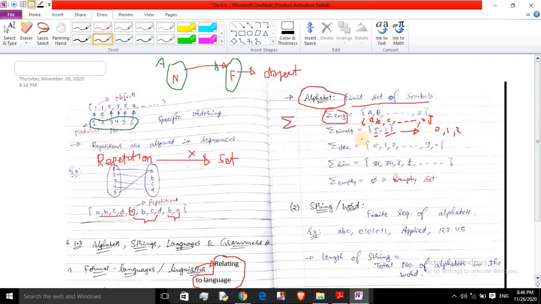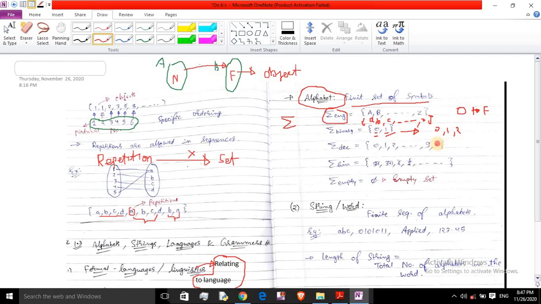The alphabet of a hexadecimal number has symbols from 0 to F. The decimal number has symbols from 0 to 9.